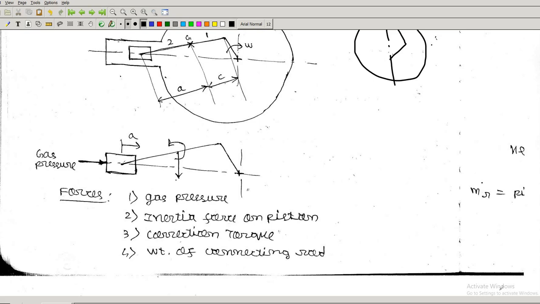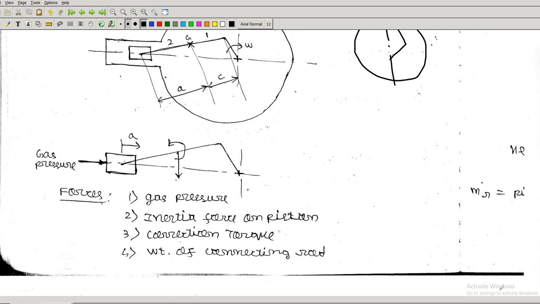So here we'll consider the inertia force acting on the system due to several types of acceleration, that is, linear acceleration of the piston, angular acceleration of the connecting rod, etc.